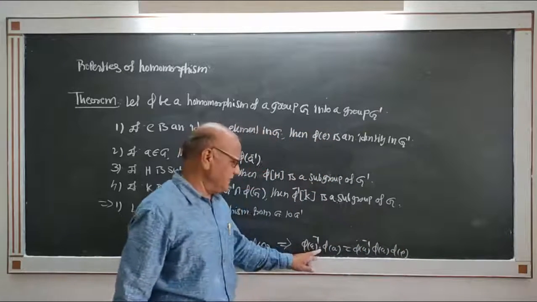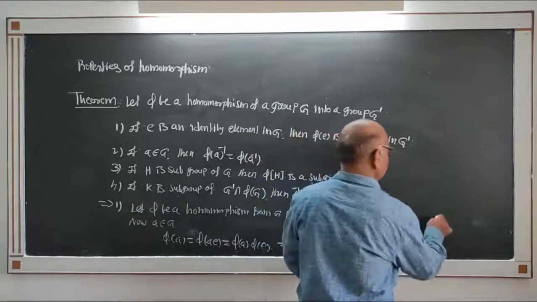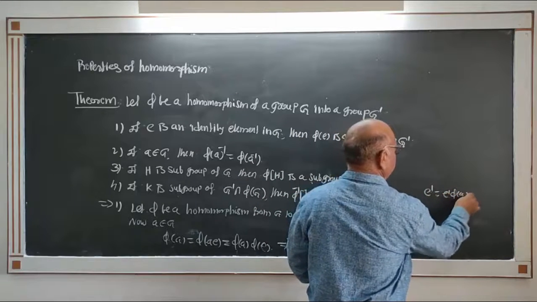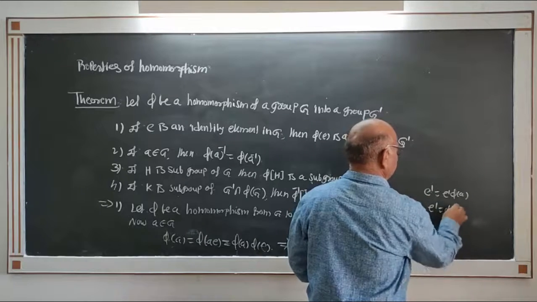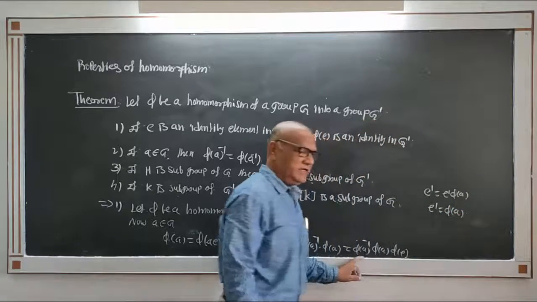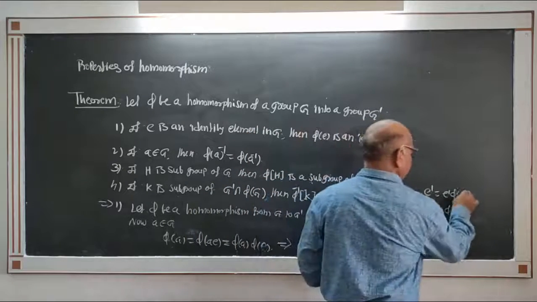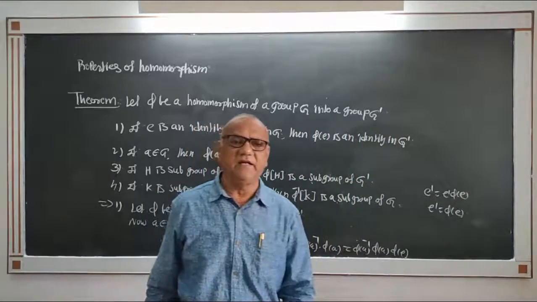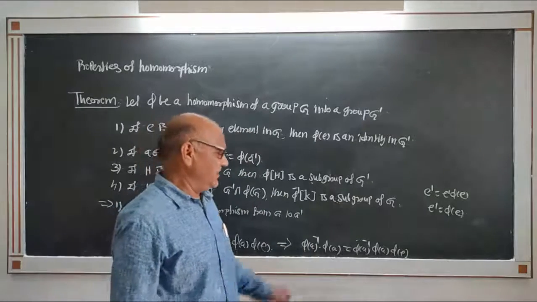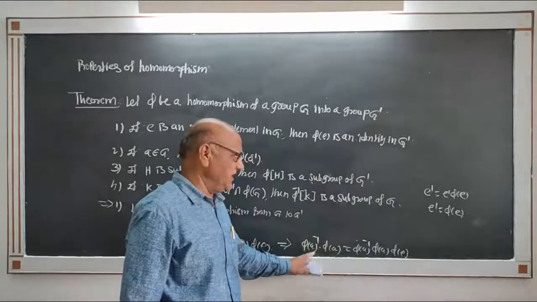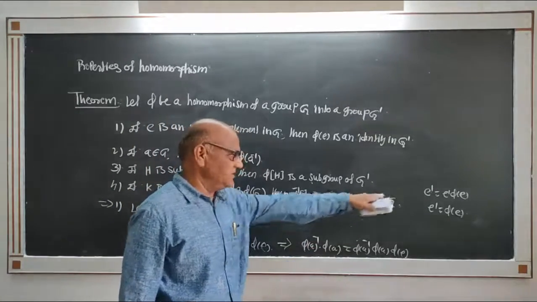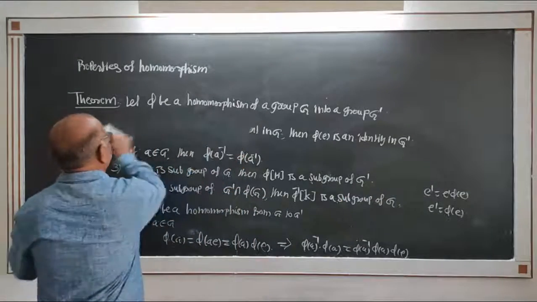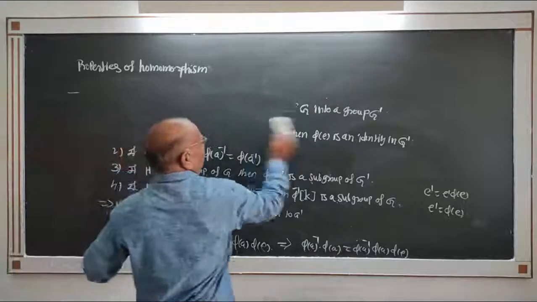We get here e dash into phi of e, that means e dash is equal to phi of e, where e dash is the identity of G dash. And so we get phi of e is equal to e dash.